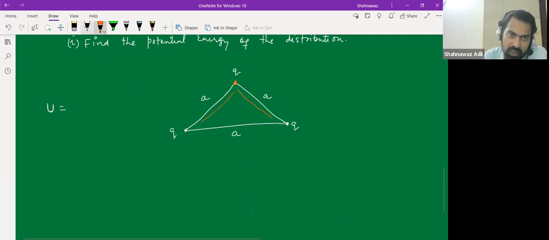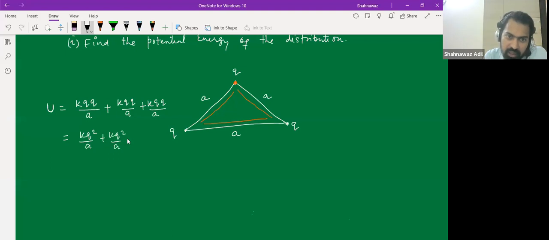So this one would be KQQ by A, and then this one would be KQQ by A. So these two we have calculated, and then the remaining one, this one, would be again KQQ by A. So this is KQ square by A, this is KQ square by A, and then this is KQ square by A. So this is 3KQ square by A.